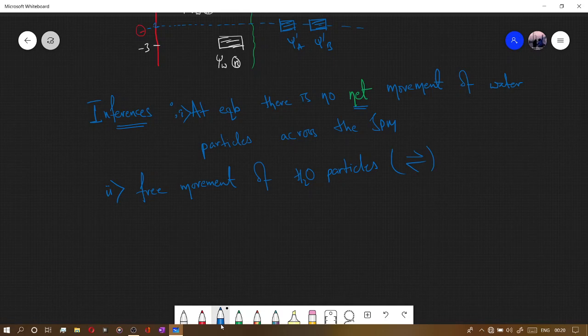In the question, this sign may also come since equilibrium is dynamic in nature. Equilibrium is dynamic in nature, right? That is it for osmosis.